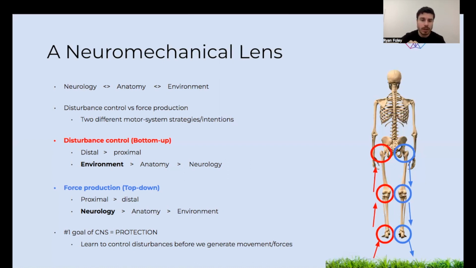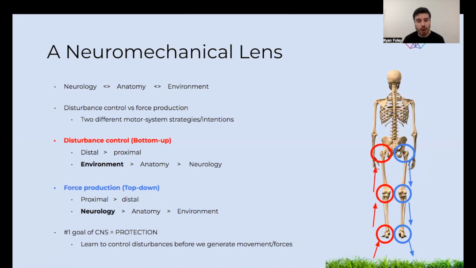Okay, so if we look now, a force production strategy can represent more of a top-down strategy. Okay, where the nervous system now has to express or produce more muscle activity than the external forces acting on our system. And because both the nervous system itself is proximal to the environment and the majority of our muscle mass, as we described earlier, is distributed proximally, this will bias more of a proximal to distal dominant strategy.